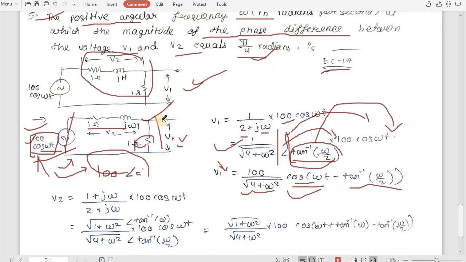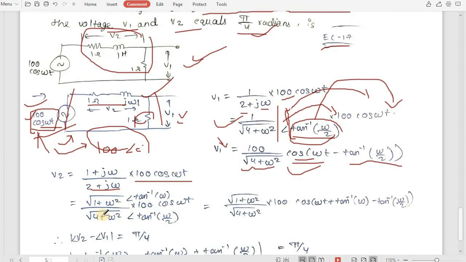Now similarly, if we calculate V2, V2 will be 1 plus j omega upon the total reactance, so it will be 1 plus j omega upon 1 plus j omega plus 1, that is 2 plus j omega, into the input. If we take magnitude and angle, the numerator is under root of 1 plus omega square, with angle tan inverse of omega by 1, since the imaginary part is omega and the real part is 1.